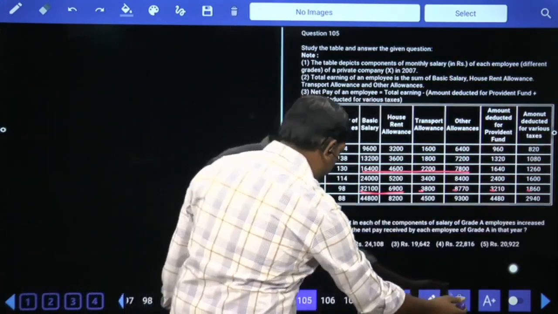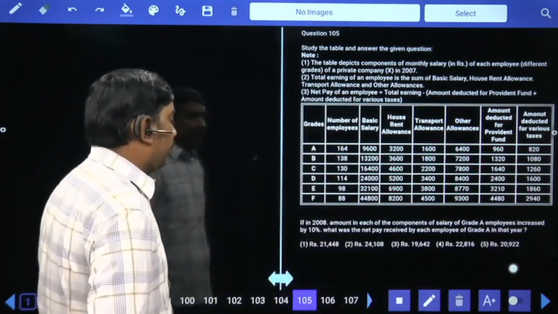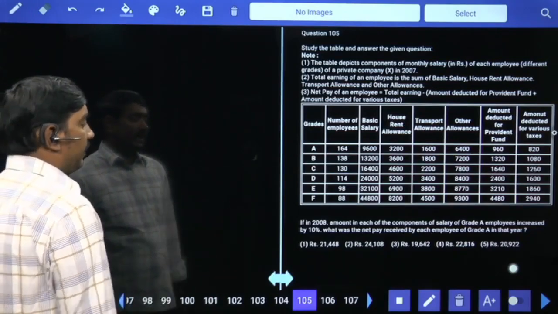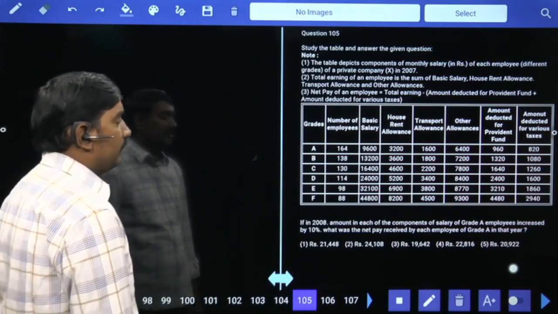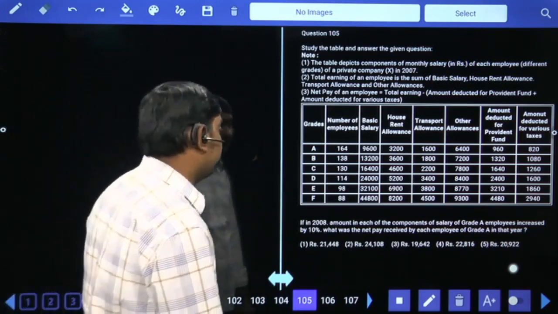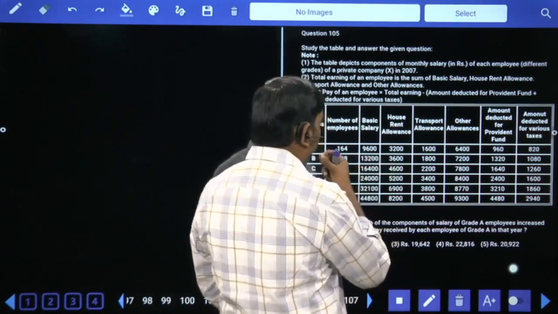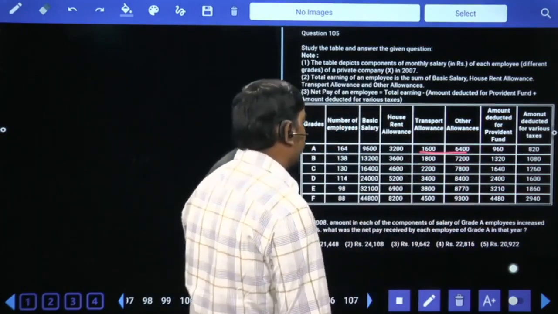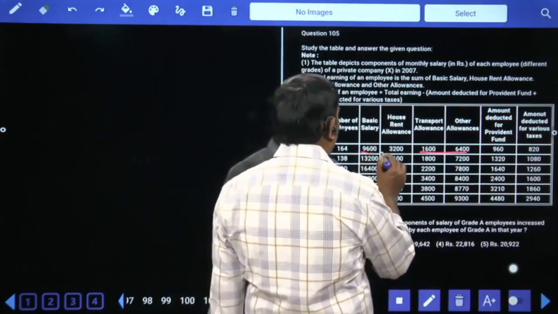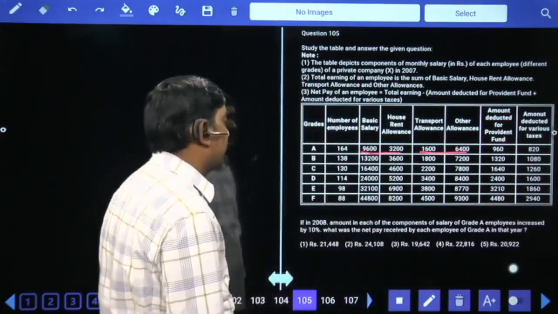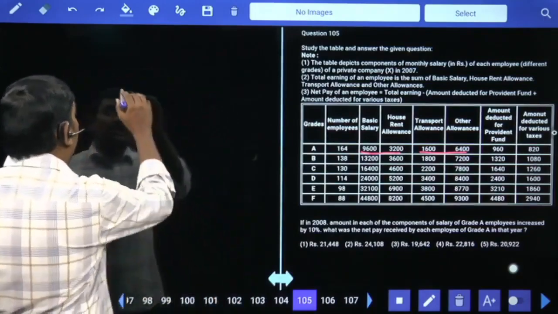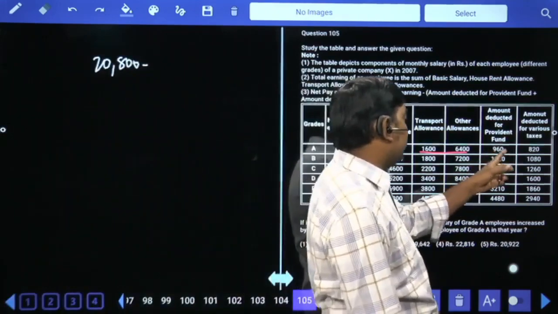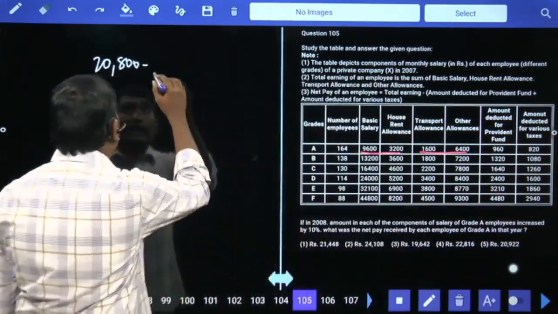Next, if in 2008 the amount in each of the components of salary of a grade A employee is increased by 10%, what is the net pay received by each employee of grade A in that year? First of all, net salary of a grade A employee: 1600, 6400, 8000, 9600, 3200 means 12,800 plus 8000, 20,800 minus 960, 820, 1780.